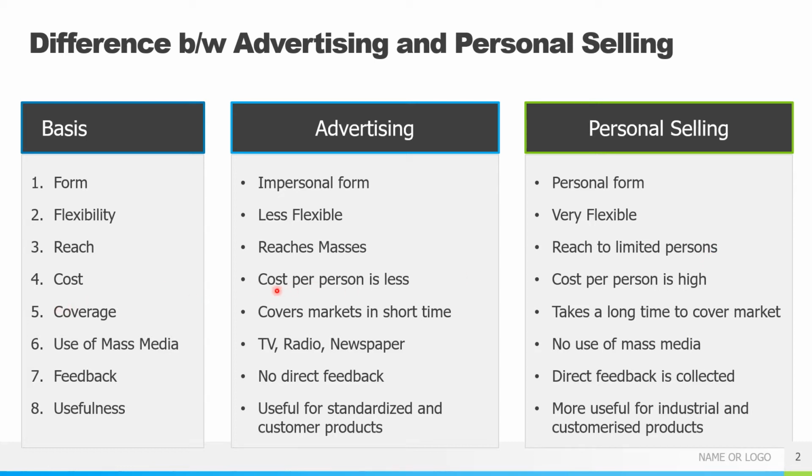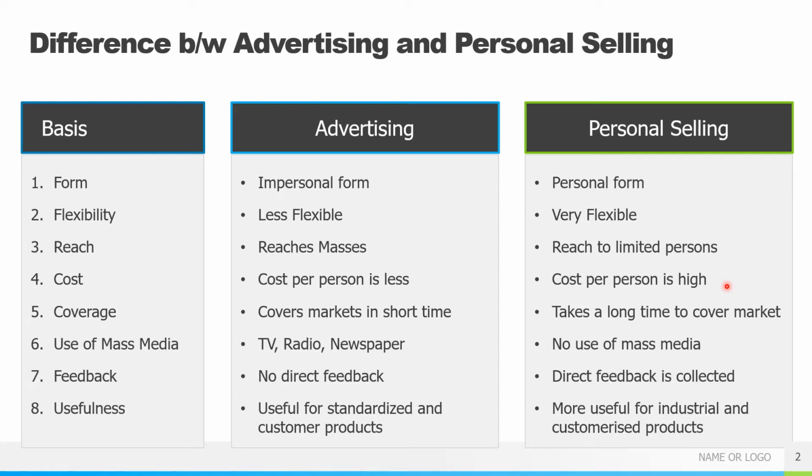Cost. Its cost per person is less. Once you are reaching many people all together through one advertisement, the cost per person is reduced. In case of personal selling, cost per person is very high because a salesperson gets a salary of a certain amount of rupees, and in a particular day he can reach only a particular number of people.